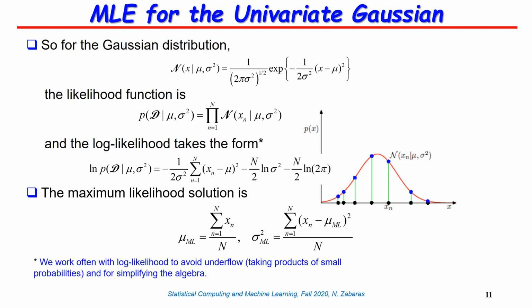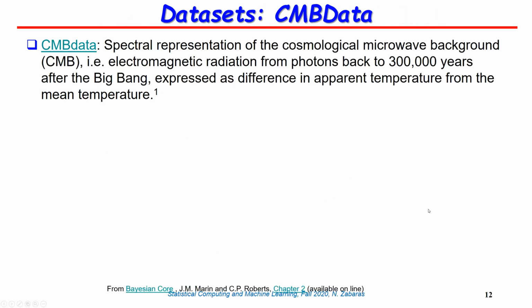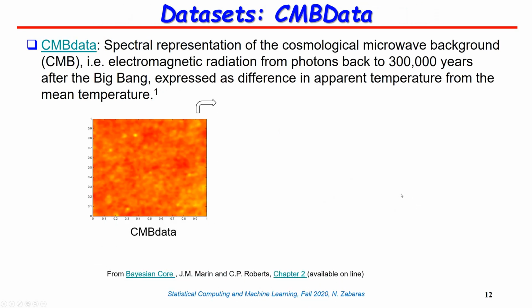Now, previously when I showed you different plots of PDFs fitting data, effectively what we did is, when somebody gives us data, for example coming from a Gaussian, we compute the mean and the variance from these MLE estimates, and then we literally plot the Gaussian with those two parameters, the MLE parameters. I remind you, we did this for the problem where we had this image with electromagnetic radiation.